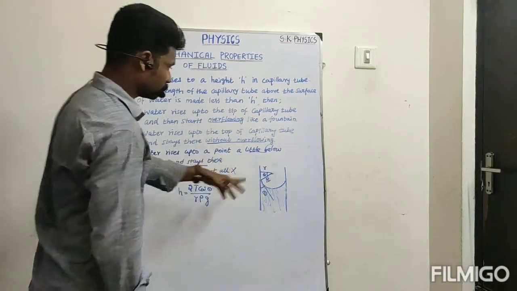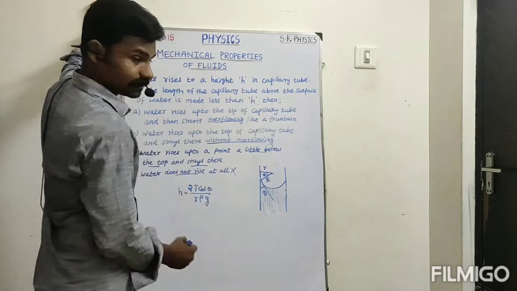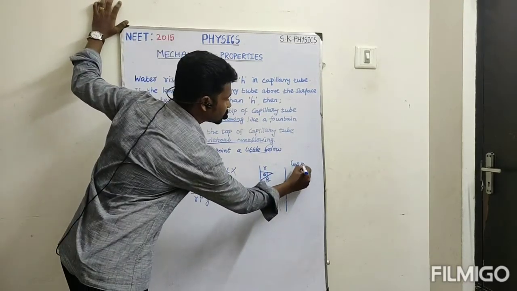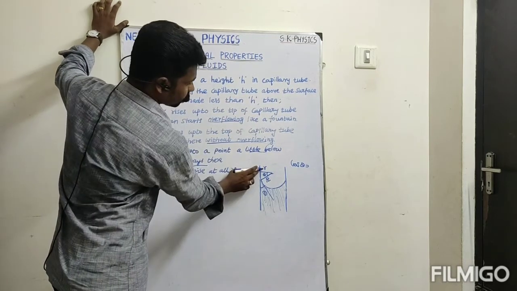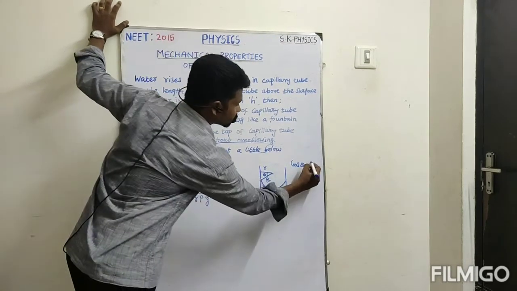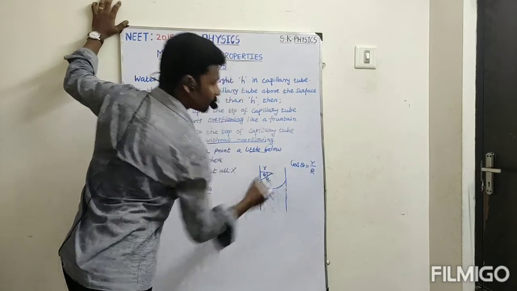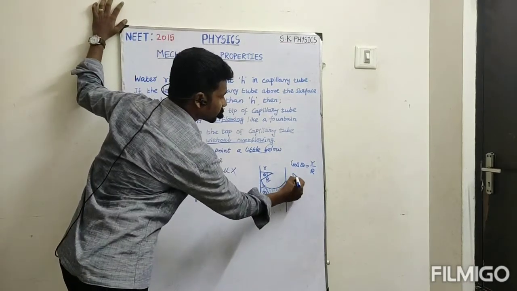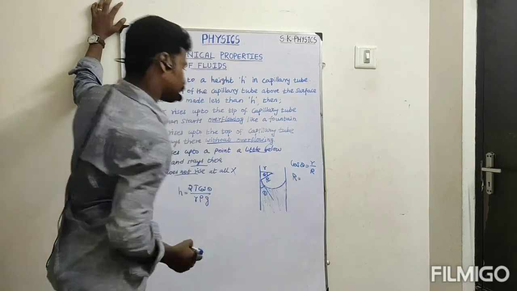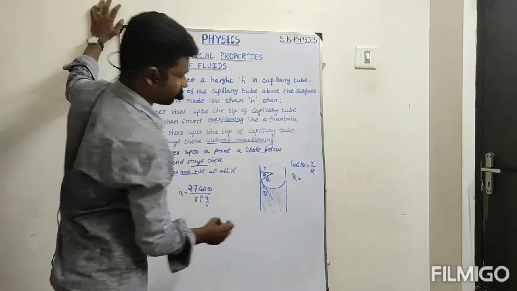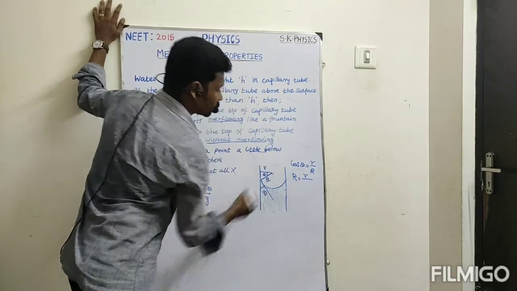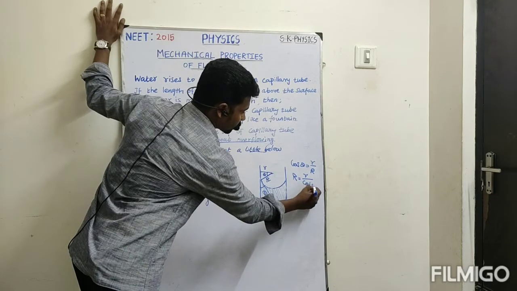Now let's see that here the cos theta term is there. So I can write cos theta is equal to base divided by hypotenuse, that is r divided by capital R. Therefore I can write capital R, the radius of curvature of the meniscus, is equal to the radius of the tube divided by cos theta.